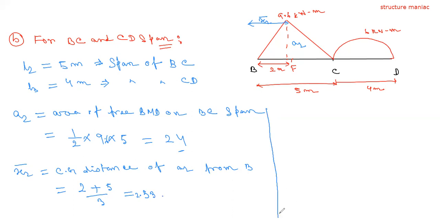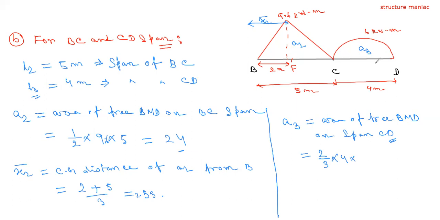And now A3, what is A3? That is the area of free BMD on span CD, and the length of span CD L3 is 4 meter. And this is a parabola. So we know the area of parabola should be 2/3 of base, the base is 4 meter and the height 6.